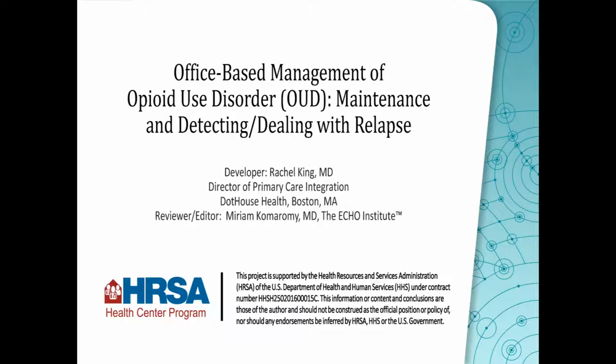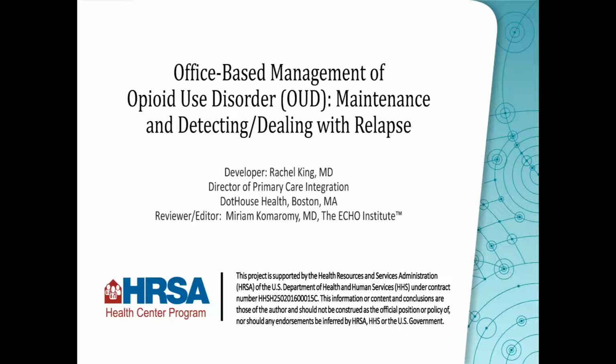The FDA actually recently came out with a statement maybe a month ago stating that even though benzos are risky, we should not be withholding medication-assisted therapy because of benzos, because heroin is much, much riskier with benzos than either buprenorphine or methadone.